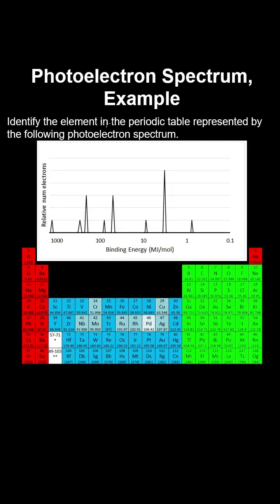Let's identify the element in the periodic table represented by the following photoelectron spectrum. So we can work our way through the periodic table in order of energy levels. So basically the subshells closest to the nucleus to the valence shell. So what we have is the 1s, 2s, 2p, and so on. And note that the d subshell takes 10 electrons, whereas the p subshell takes 6 electrons.